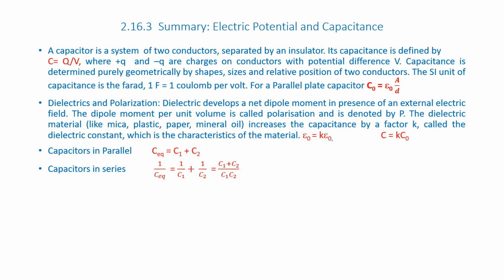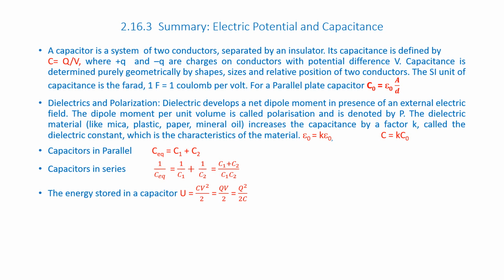So when we connect two capacitors C1 and C2 in series, 1 over C equivalent equals 1 over C1 plus 1 over C2. That can be simplified as (C1 plus C2) divided by C1 C2. So capacitances in parallel add up, and in the case of series, the reciprocals add up.